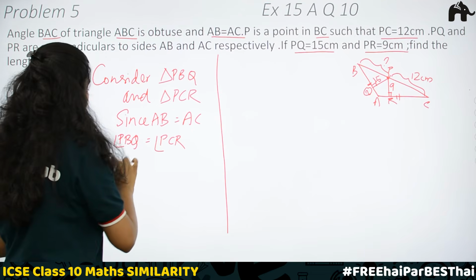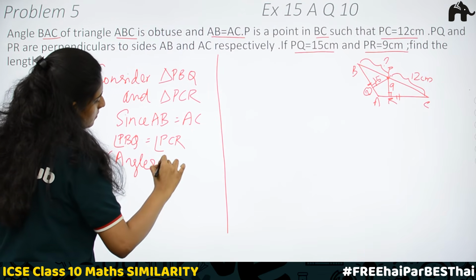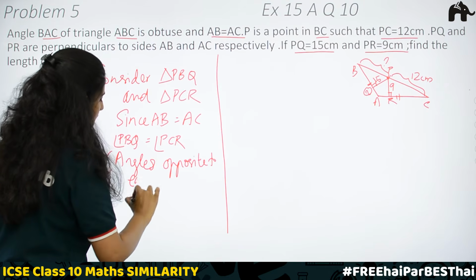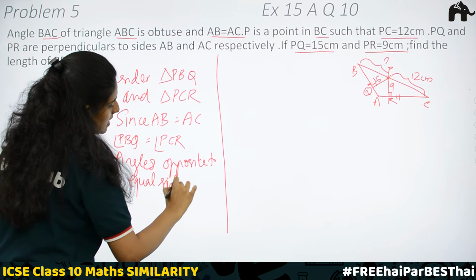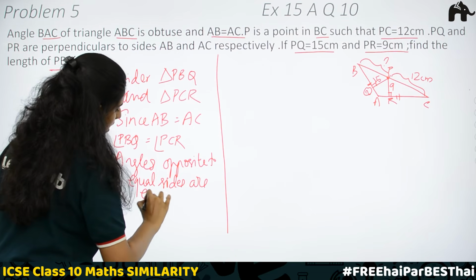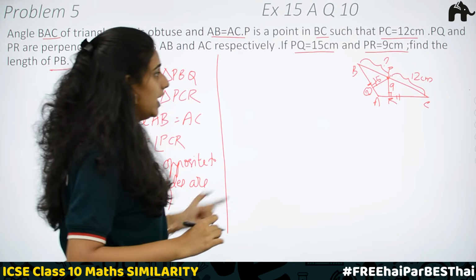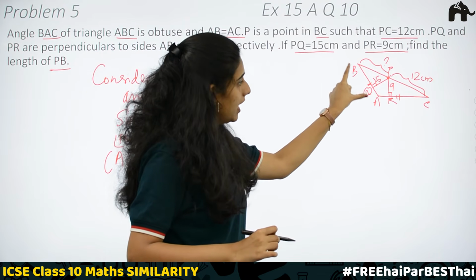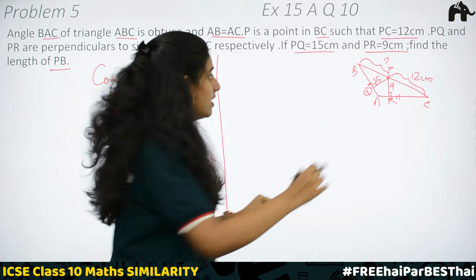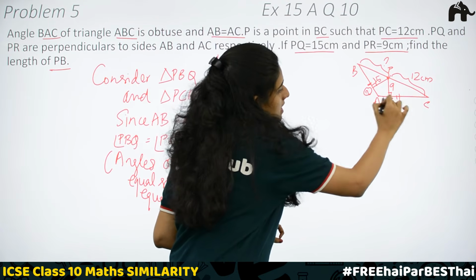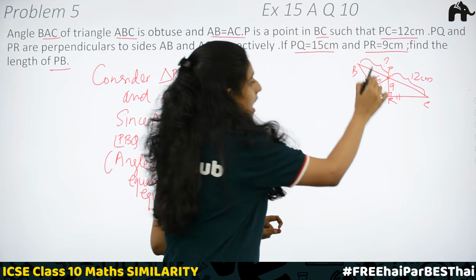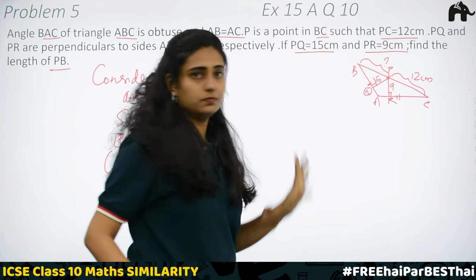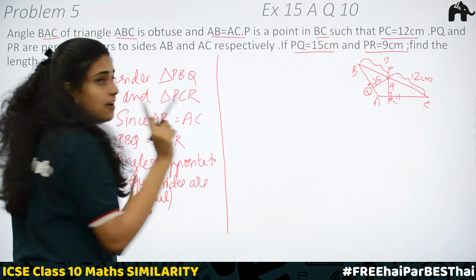And the reason is angles opposite to equal sides are equal. When you take the angle opposite to AB, we get angle PCR, and angle opposite to AC gives PBQ. Okay, so we got one angle.